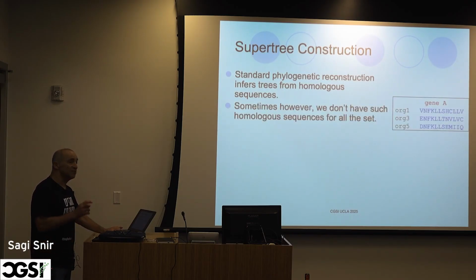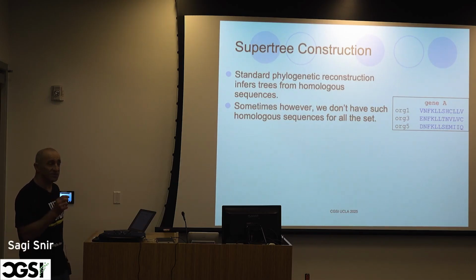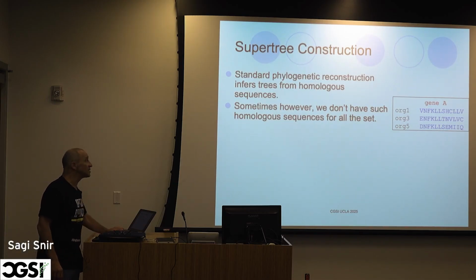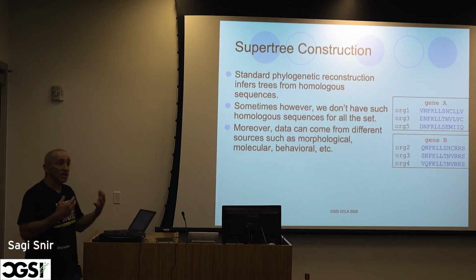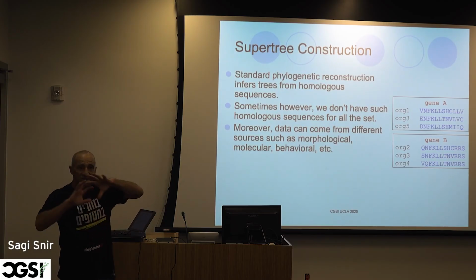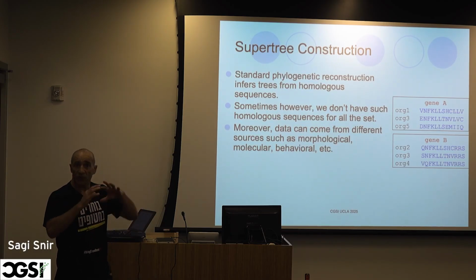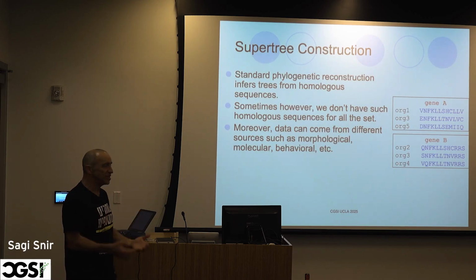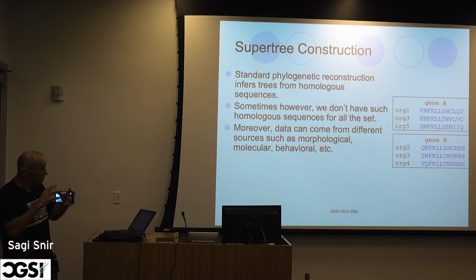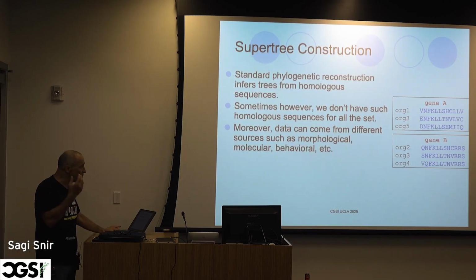However, we do not always have that gene from all our organisms. From this set of species we have gene A, and from this set we have gene B. Moreover, sometimes for another subset of our species set we have some other evolutionary signal. We want to combine all these signals, in the form of sequences, morphology, or anything else.